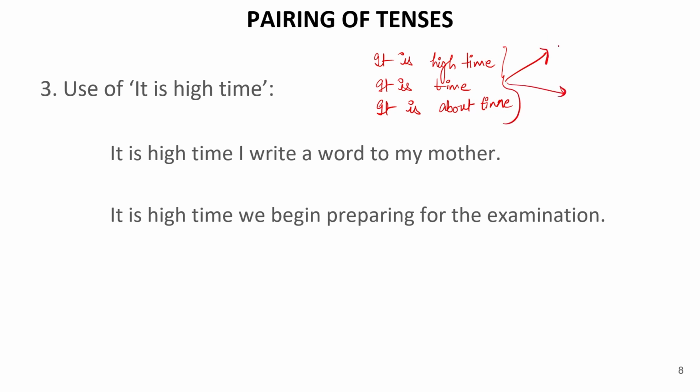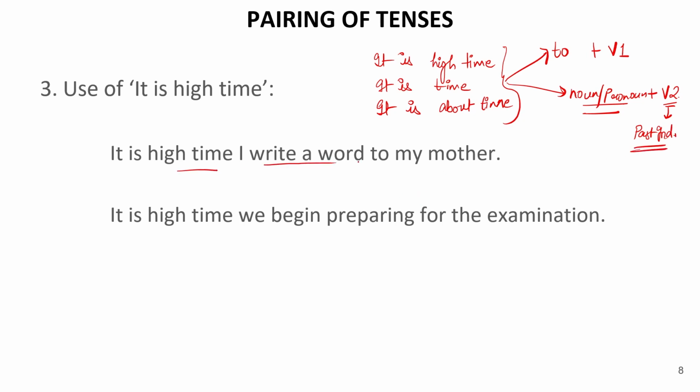Either we have to plus verb or we have a noun or pronoun in the sentence. If there is to plus verb, we use verb first form. But if we have a noun or pronoun, we will use verb second form, that is past indefinite or simple past tense only.